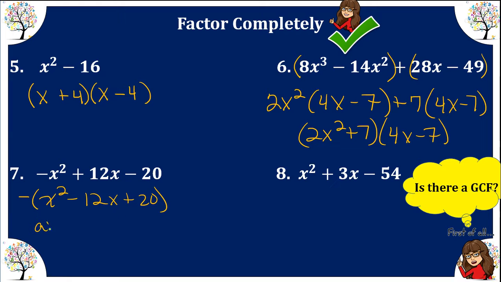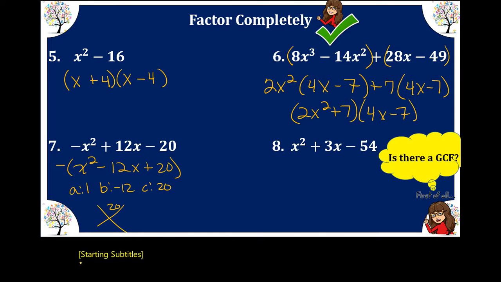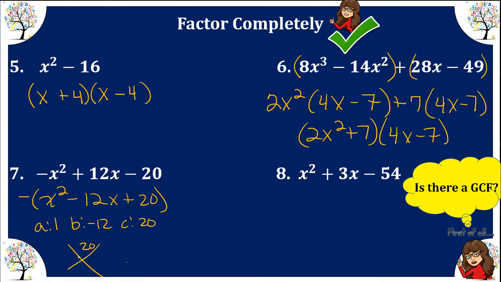So now my A is 1, my B is negative 12, and my C is 20. Whenever I use my graphic organizer, I have 20 and negative 12. Let me write this up here. 20 and negative 12.